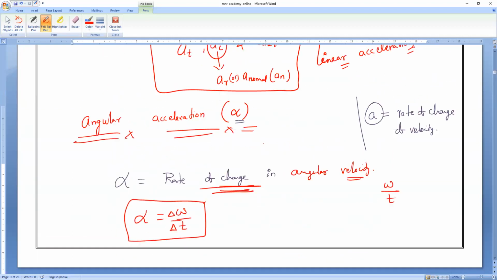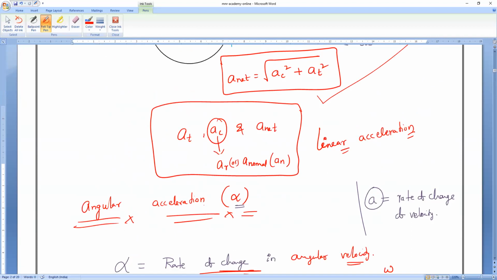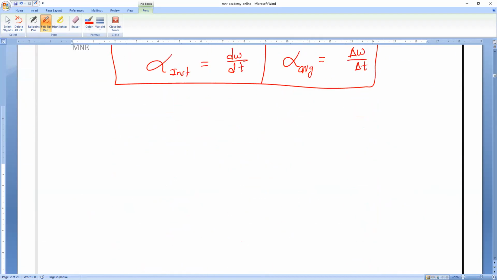Now, let us find the relationship between angular acceleration and linear acceleration. We all already know that. Let us revise from the first class, starting with the units. What are the units of angular acceleration? First, omega: radians per second.